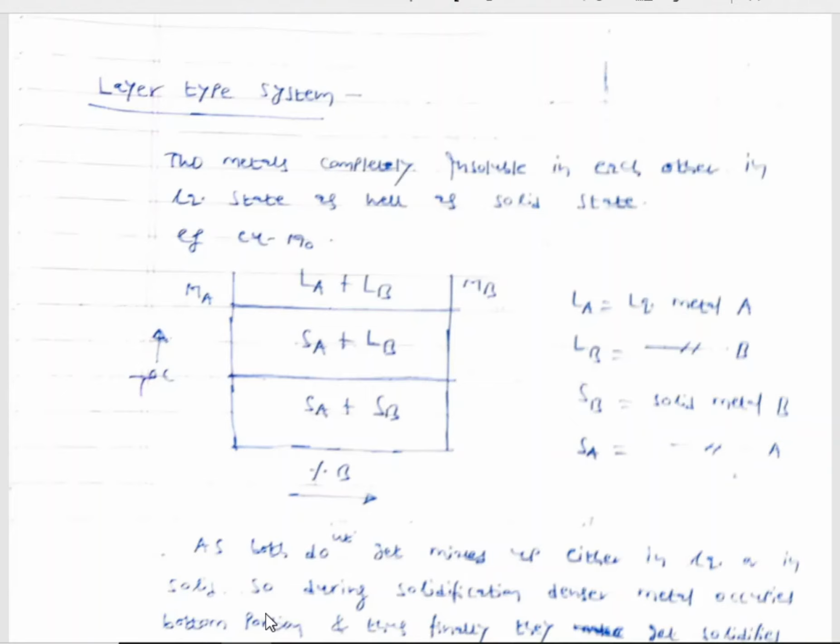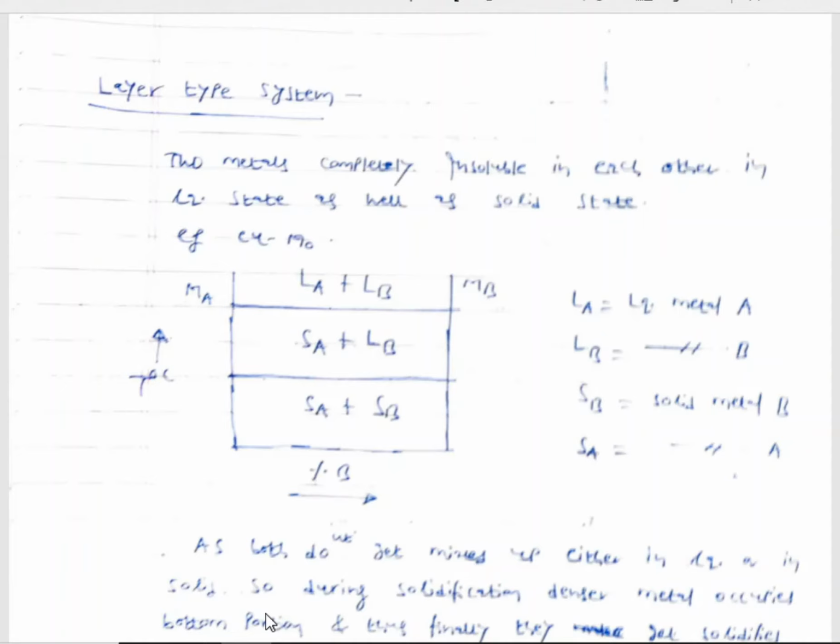So far we have seen three different kinds of systems. Two metals completely soluble in each other in liquid state as well as solid state is called isomorphous. Two metals completely soluble in each other in liquid state but completely insoluble in solid state is called eutectic system.